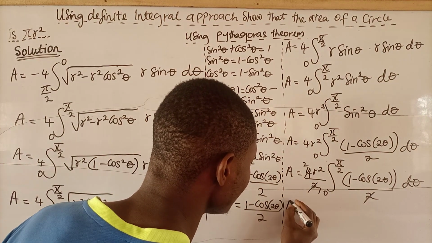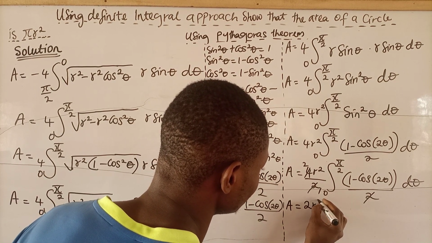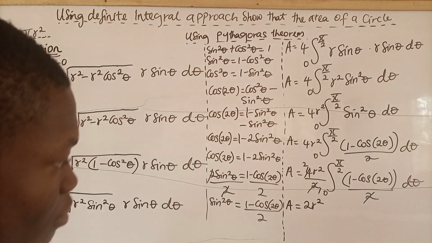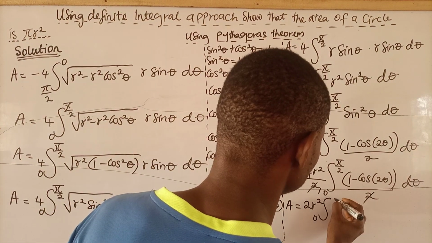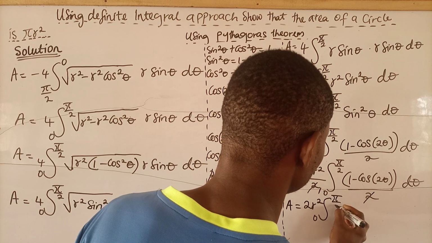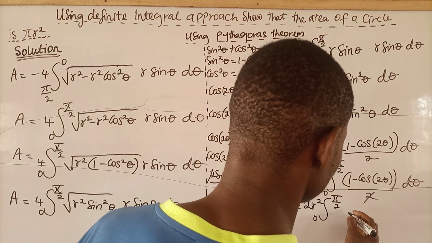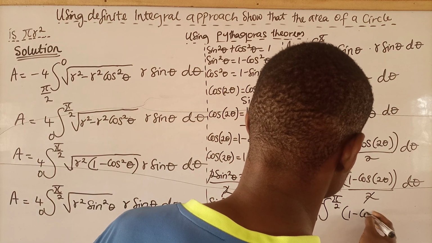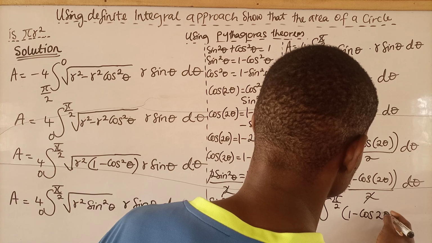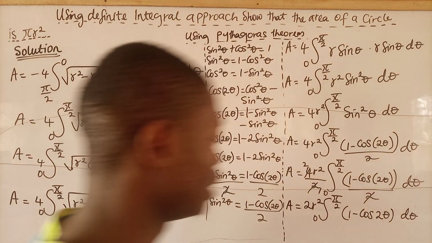So we are going to have area is equal to 2r squared integral from 0 to pi all over 2 of bracket 1 minus cos 2 theta d theta.